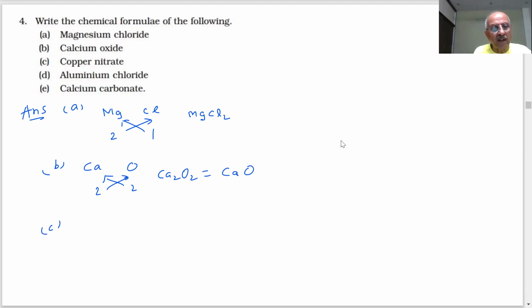Copper nitrate. What is the valency of copper, students? What is the valency of nitrate?